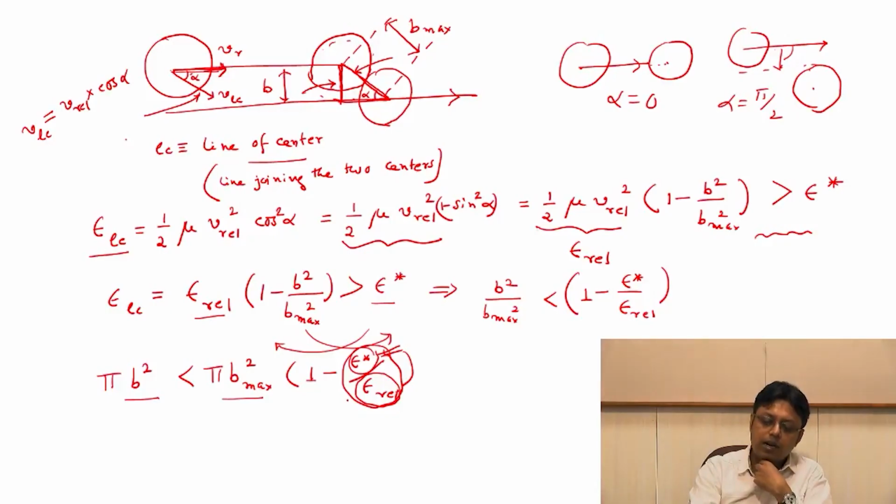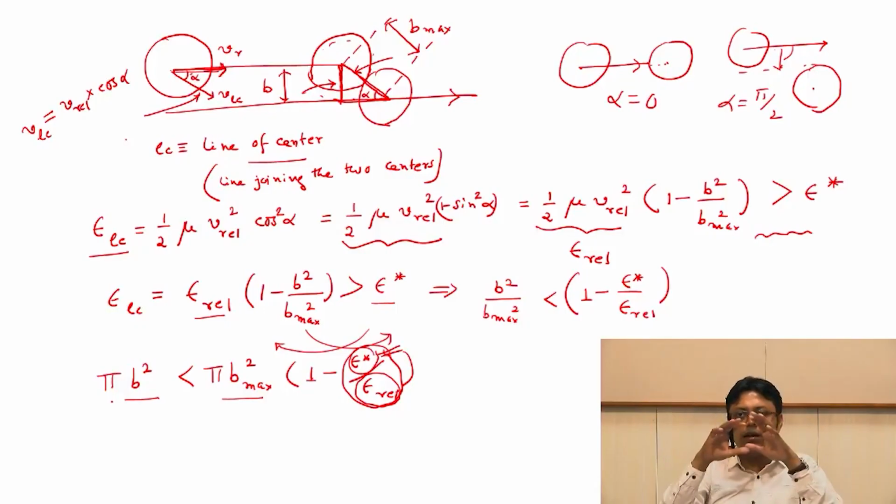Now if epsilon star has a value, suppose epsilon star by epsilon relative is 0.5, then I get 1 minus 0.5 is 0.5. What I'm saying is that the cross section is not exactly pi b max squared, it is slightly less, it is half of that area.